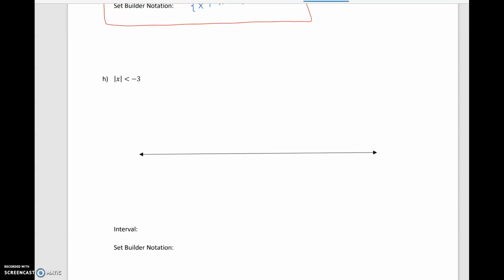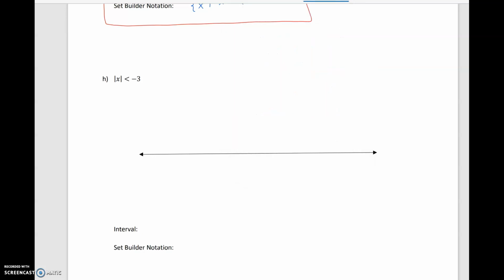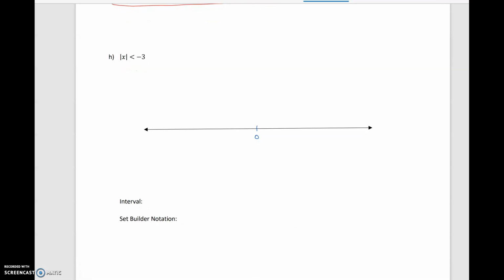H reads any distance less than a negative, in this case, negative 3. The minimum that you could have in terms of a distance is 0. You could not have a distance being negative. So in this case, no value is going to satisfy this one. So if they mention an interval, we would say none.